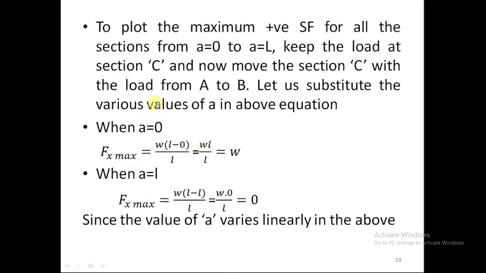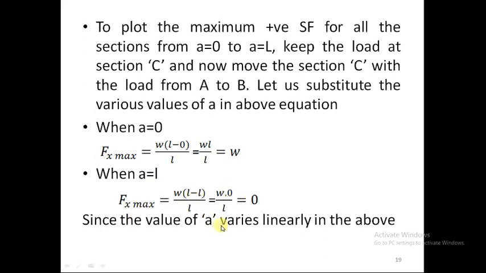So in place of x, I will be putting a, because my x and a are equal. Substituting in the Fx max equation the value of a as 0, I am going to get W, that is, the positive shear force at support A is going to be W, and when I substitute a equal to L, what I get is 0 shear force.